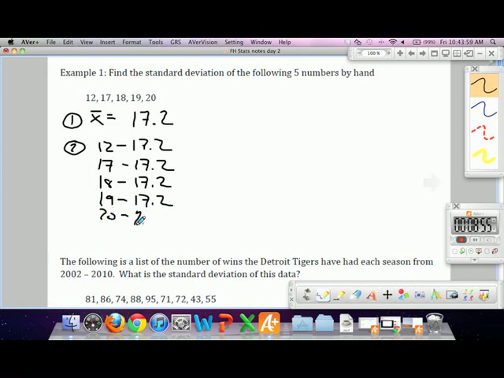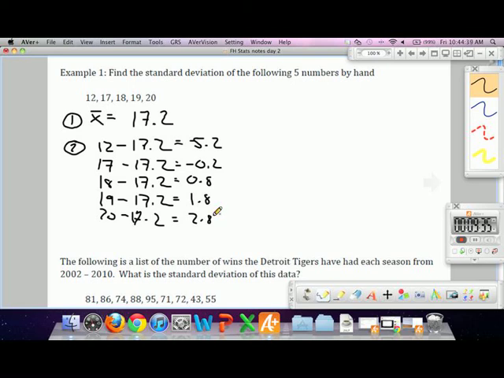And you get 5 new numbers. If I did my mental math correctly, we should get negative 5.2, negative 0.2, 0.8, 1.8, and 2.8. Is that correct?